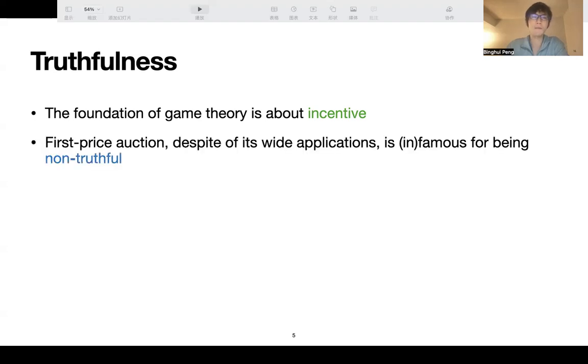But in terms of first price auction, despite its wide applications and historical reason, it's the most famous or the most infamous auction format that is not truthful. That is to say, in a first price auction, no one really wants to bid their own value, because if one bids their own value, then even if they get the good, their utility equals 0.